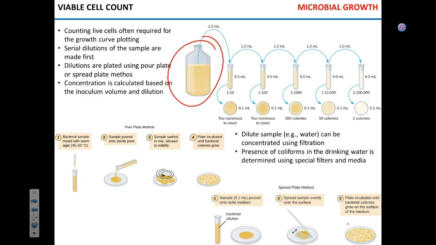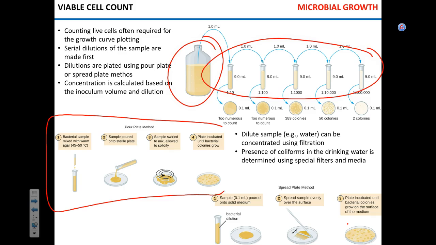And you prepare serial dilutions, decreasing the number of cells with each dilution, okay? And then you can plate this dilution either using the pour plate method, right? Or using the spread plate method.